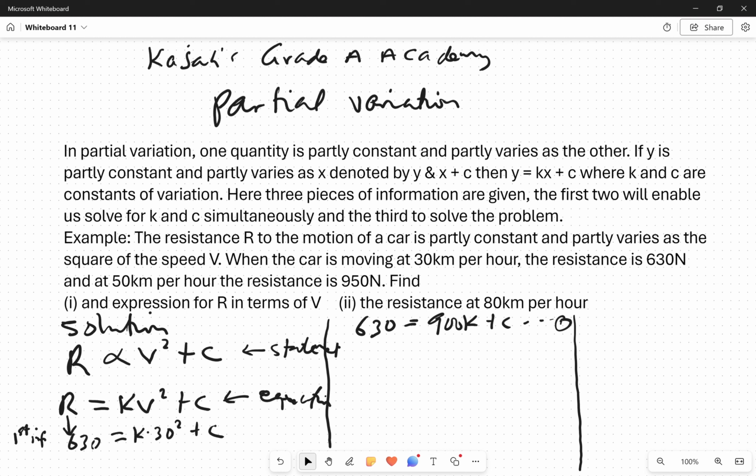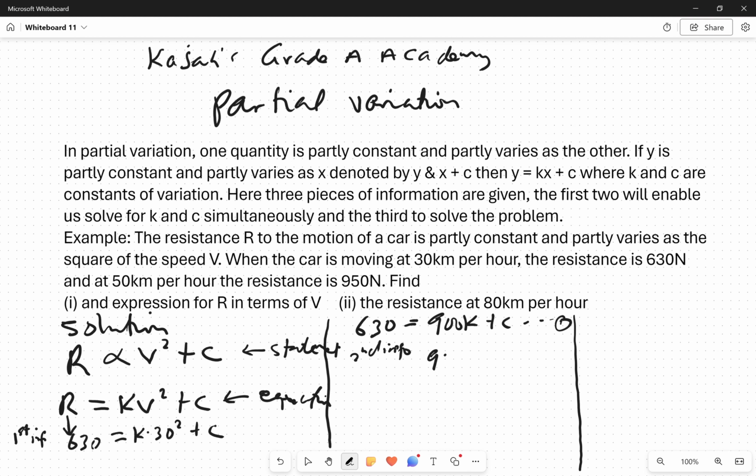It says that when it is moving at 50 kilometers per hour, the resistance is 950. So second info, we are told the resistance is 950.